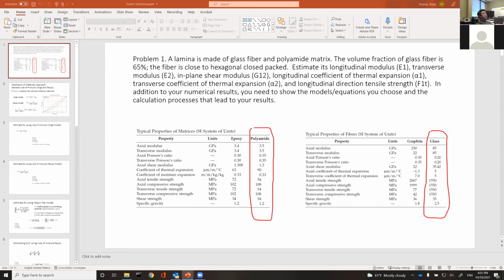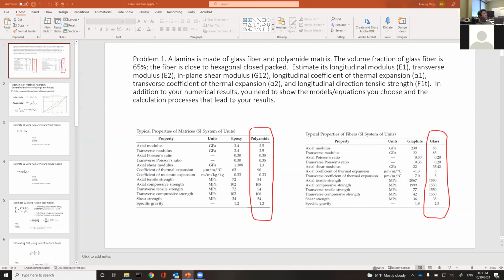The question is about estimating the six properties of a lamina made of glass fiber reinforced polyamide matrix composites. I gave you this data. This is the matrix property, polyamide, and this is the glass properties. Additional information is the fiber volume fraction, 65%.